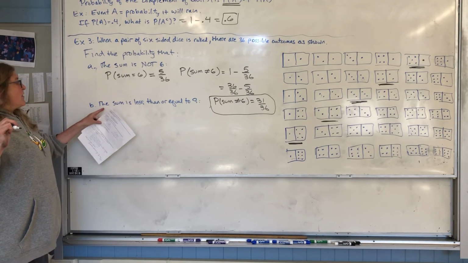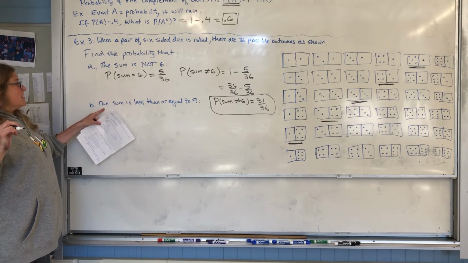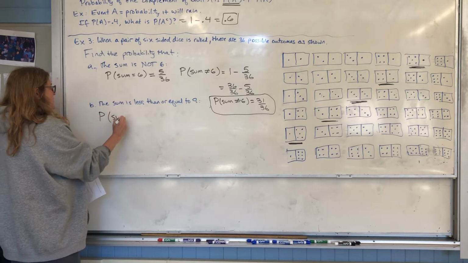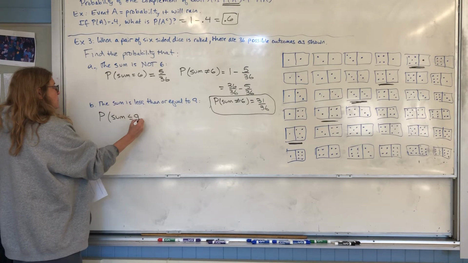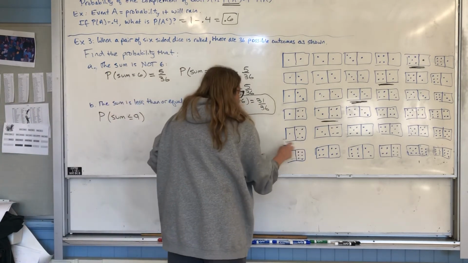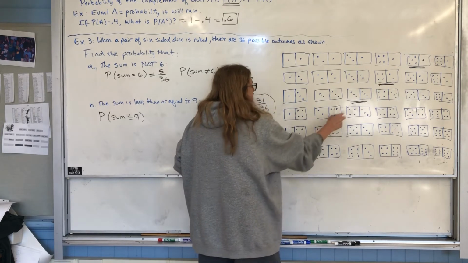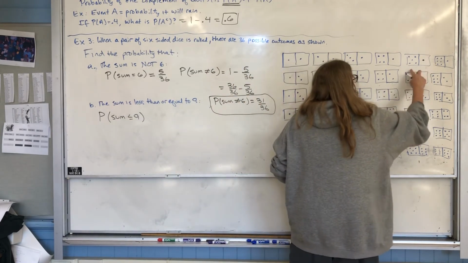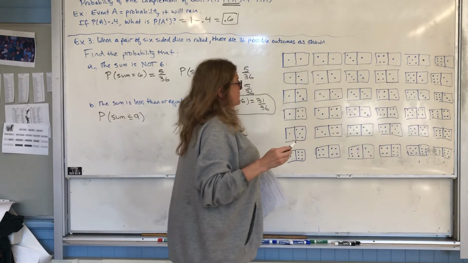Okay, let's find the probability that the sum is less than or equal to 9. I'm going to erase these marks. Well, that means I want the sum to be 9 or less. So let's underline all the ones that have 9 or less.